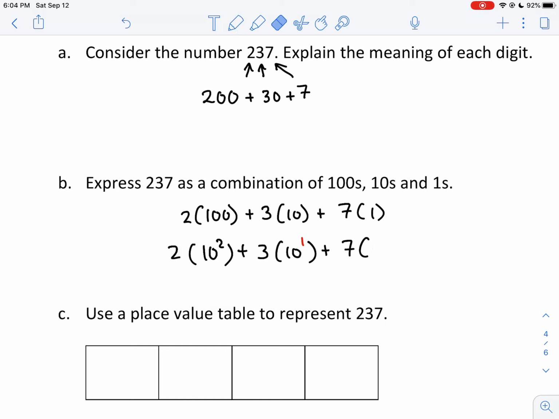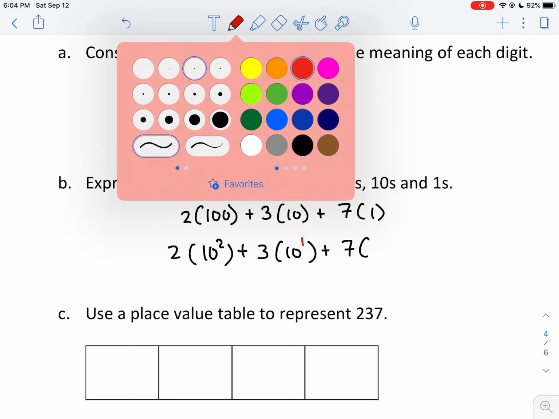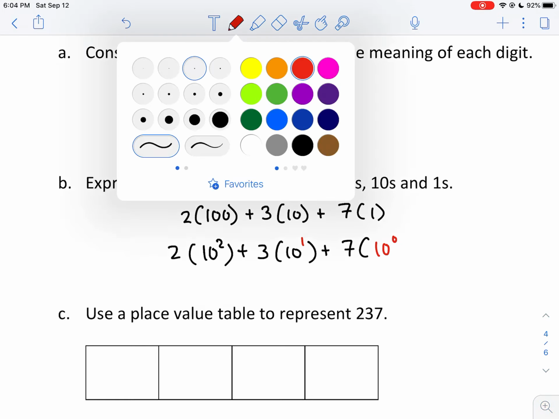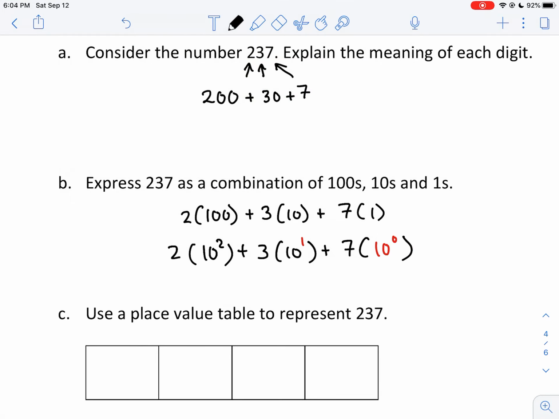And you could think of this 1 here as a 10 to the 0. Let me put that in red. 10 to the 0 is the same thing as 1. So you're really just counting powers of 10, right? There's 7 10 to the zeros, 3 10 to the firsts, and 2 10 squareds.